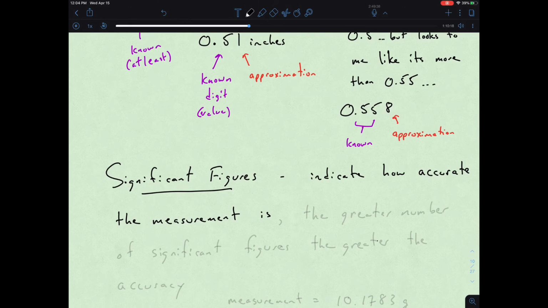The greater number of significant figures, the greater the accuracy.